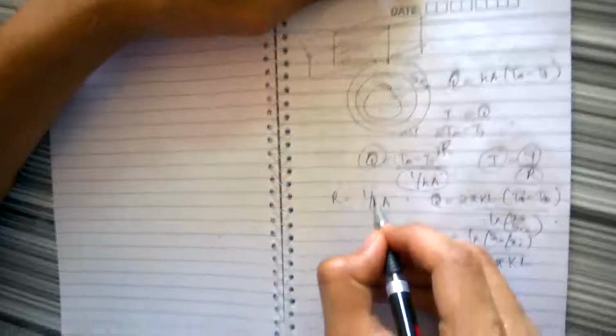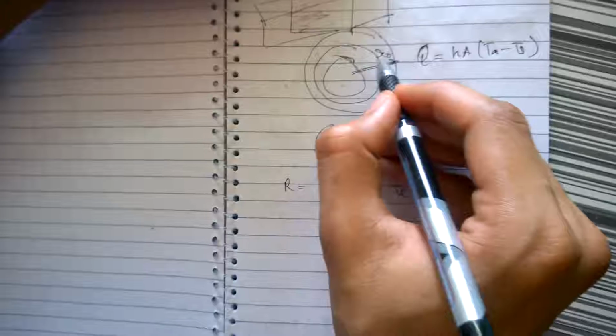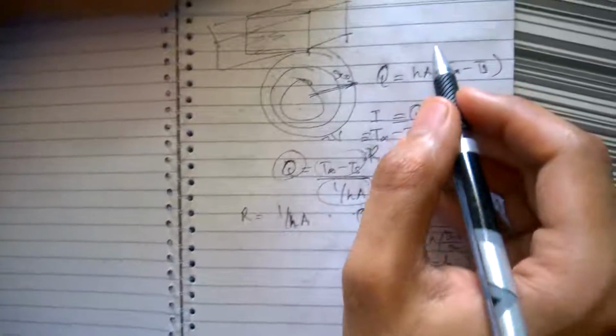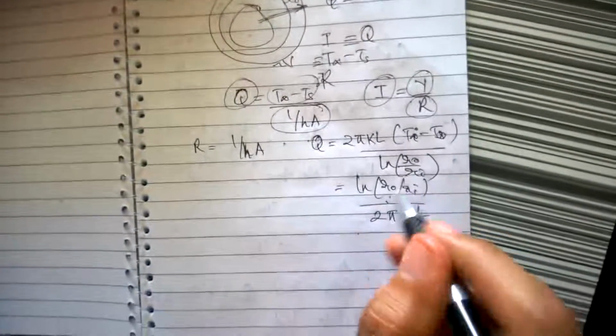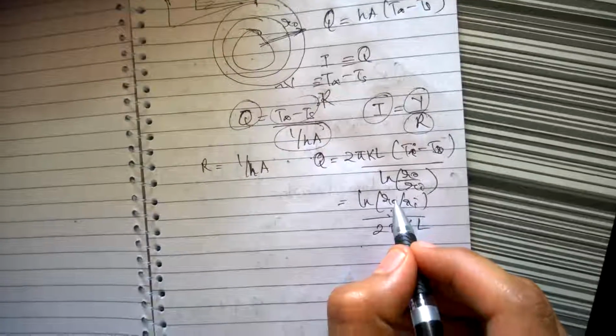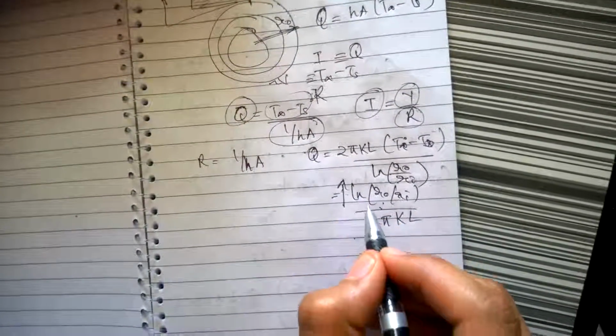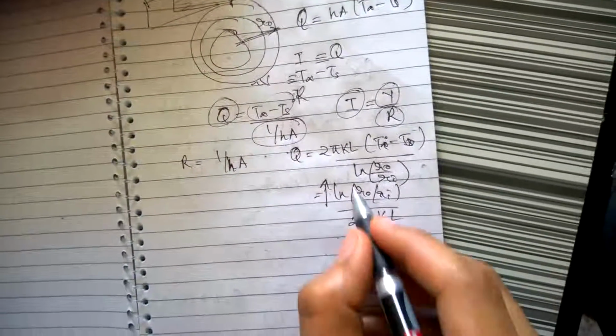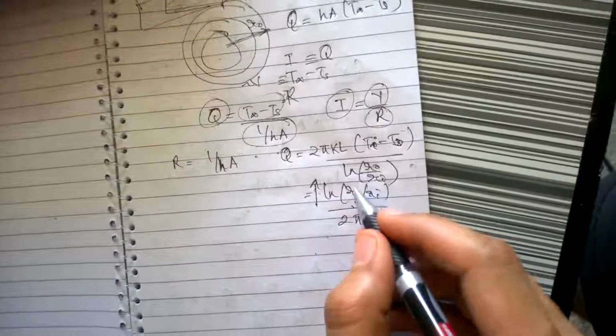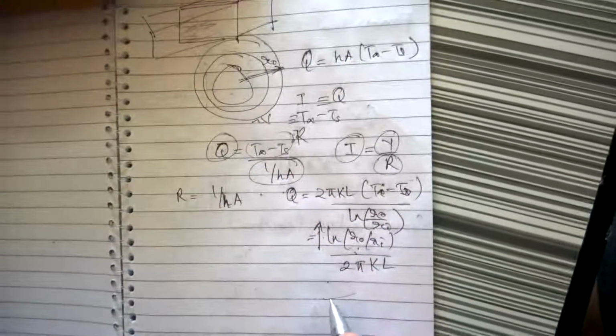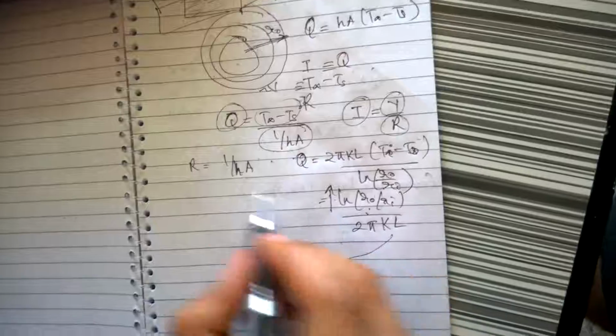Now we see that as we are adding insulation, Ro keeps increasing. So if you look at this expression, as Ro keeps increasing, this resistance will increase, because as you keep increasing the input value, the logarithm function increases, right?